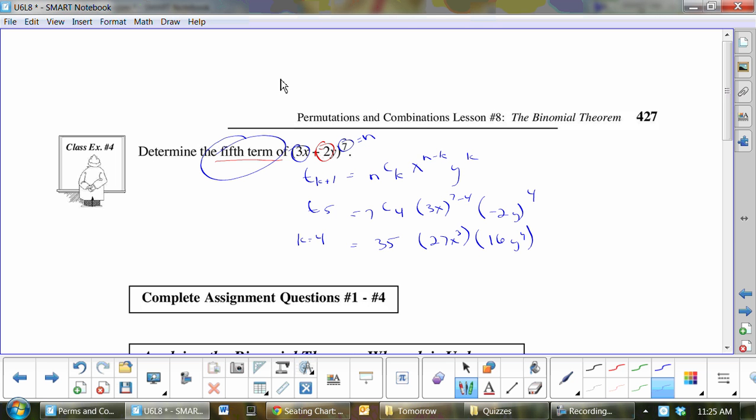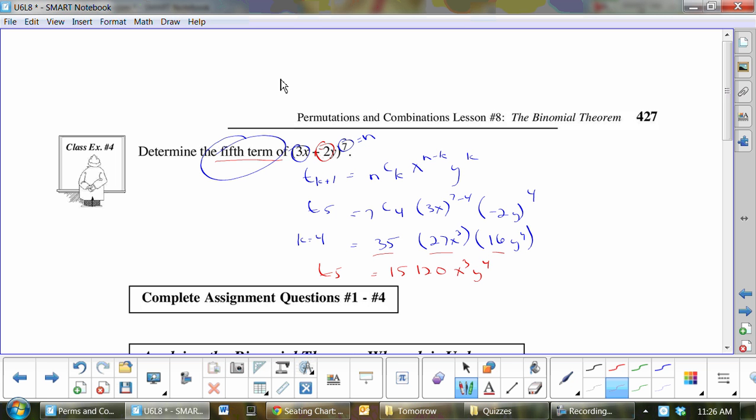Now, I've got these numbers to multiply to each other, which is 15,120 x to the 3, y to the 4. That's what T5 is. Now, you may think that's time-consuming, but it is much better than the alternative.